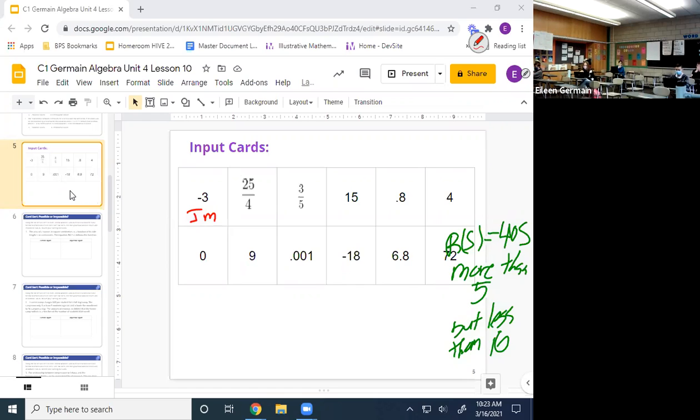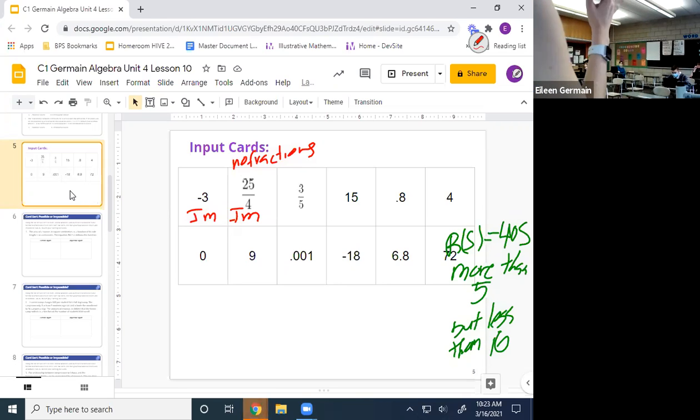It falls within that range of more than 5 but less than 16, but in the real world, you can't have a fraction of a person. So no fractions. If this was a fraction that equaled out to a whole number, then we could say yes. But because it doesn't equal out to a whole number when we simplify it, it's not going to work.